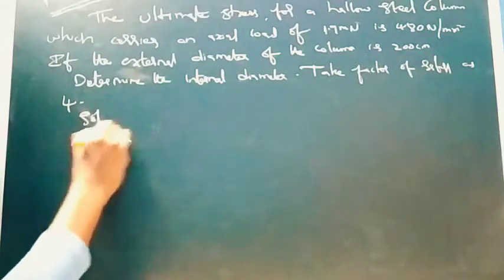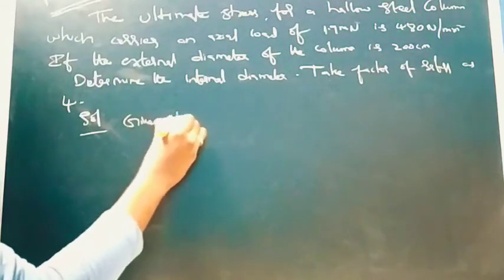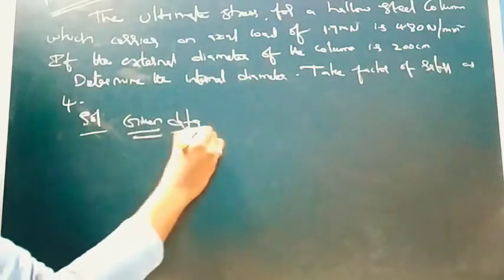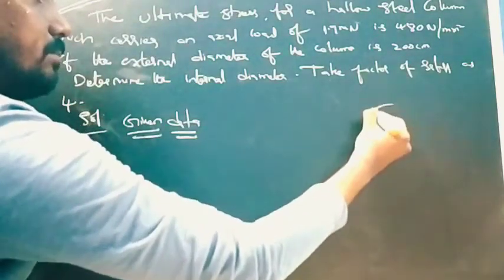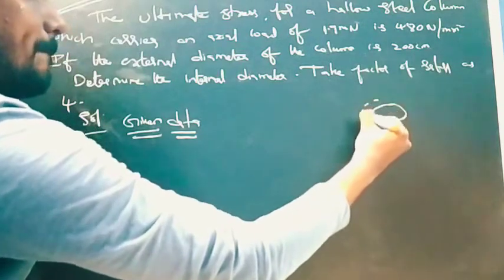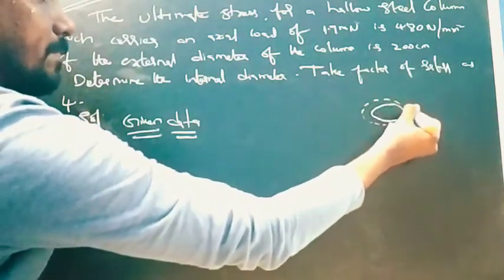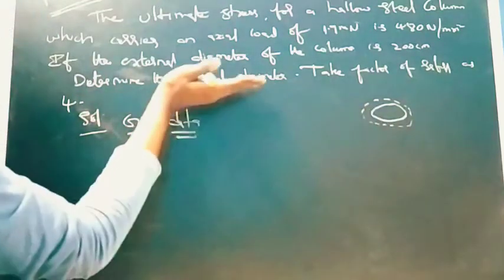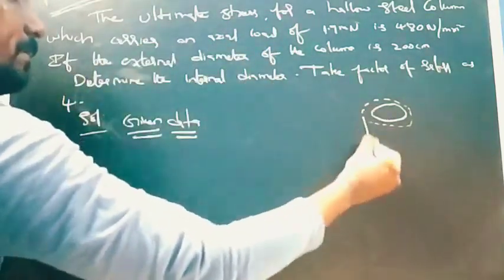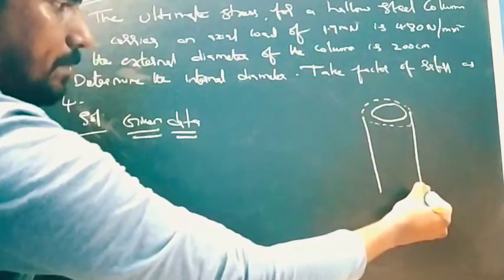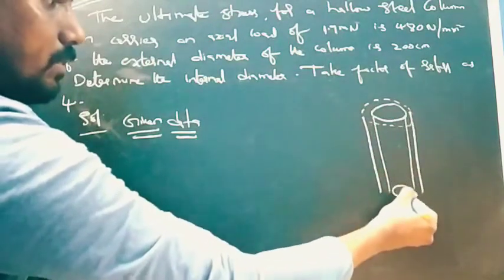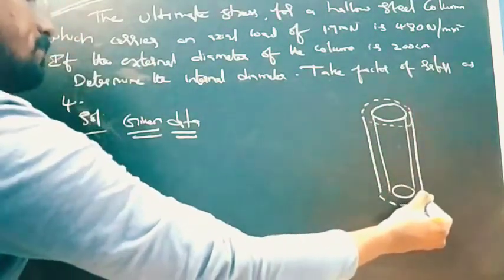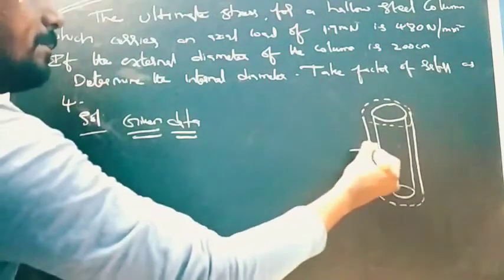So let us write the given data. Try to understand the problem. Here we have to determine the internal dia. What is the external dia?